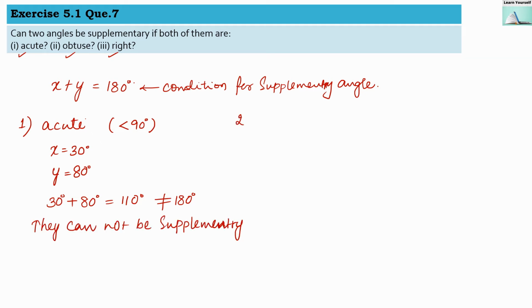Now let us take the second case, if they both are obtuse angles. The meaning of obtuse angle is greater than 90 degrees. So let x be 91 degrees and y be 140 degrees. Let us add them, 231 degrees. It is not 180, so they cannot be supplementary.